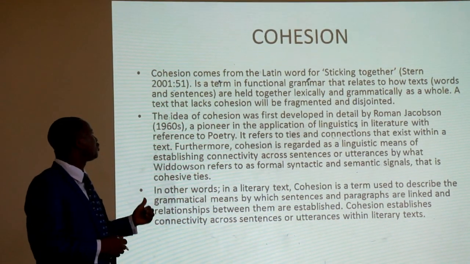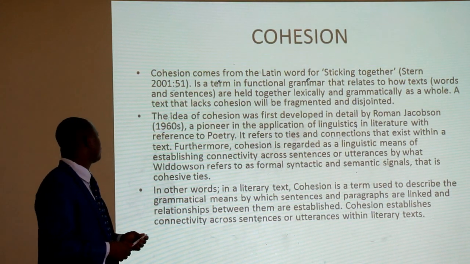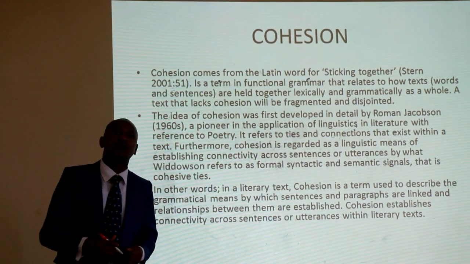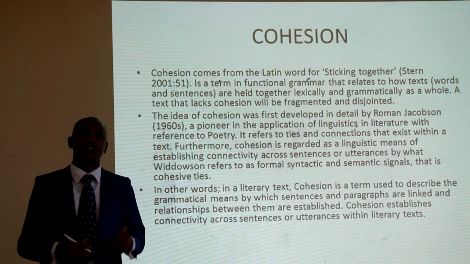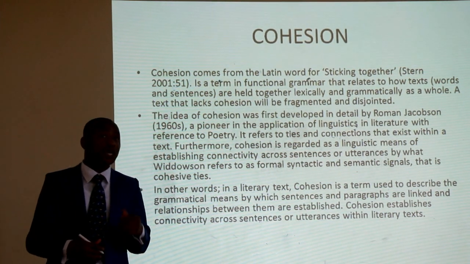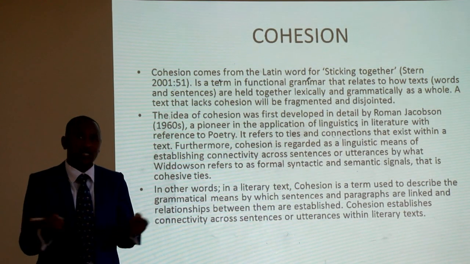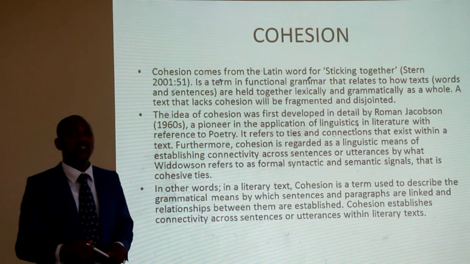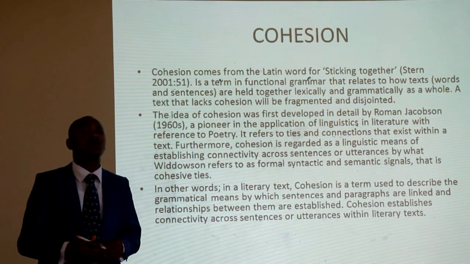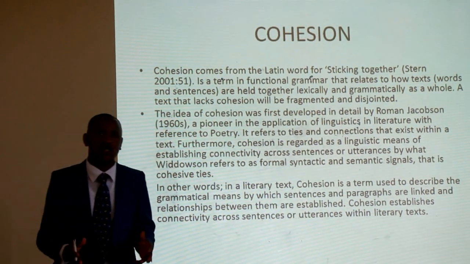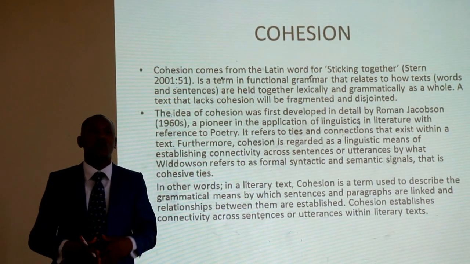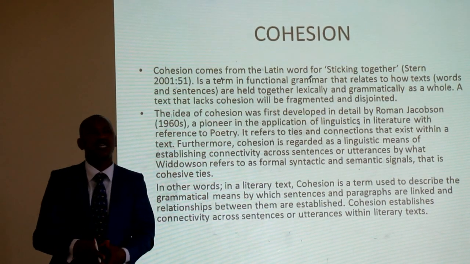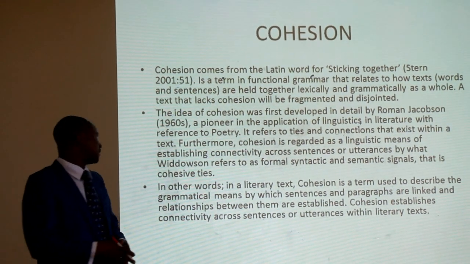The idea of cohesion was first developed in detail by Roman Jakobson in the 1960s, a pioneer in the application of linguistics in literature with reference to poetry. So cohesion refers to ties and connections that exist within a text. Furthermore, cohesion is regarded as a linguistic means of establishing connectivity across sentences or utterances by what Widdowson refers to as formal syntactic and semantic signals, that is, cohesive ties.